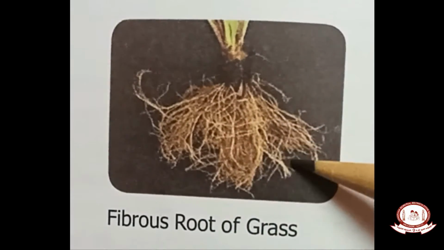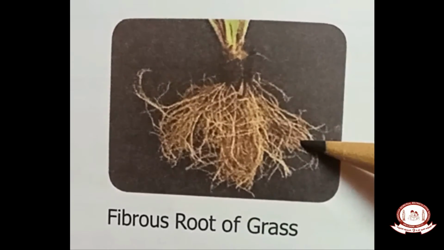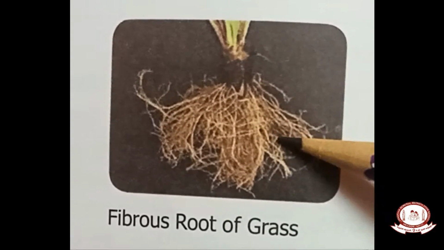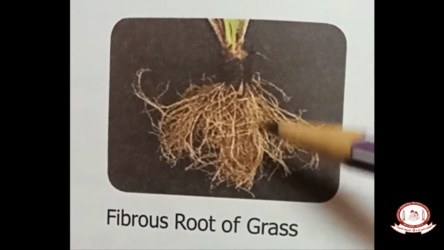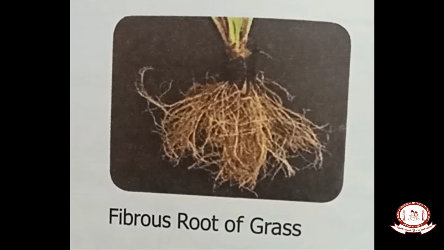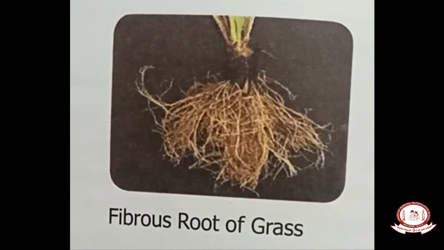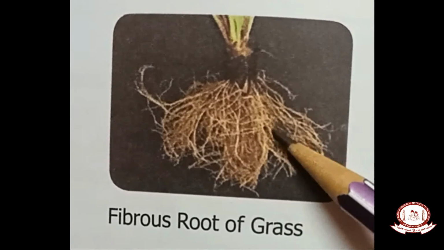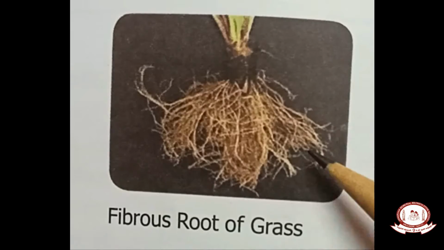You can see this type of root in plants like grasses. All grass varieties have only this type of fibrous root system. Bunches of roots, they are very tiny and fiber-like. That is why it is called fibrous root system.